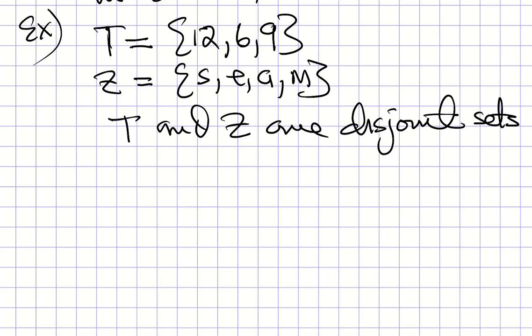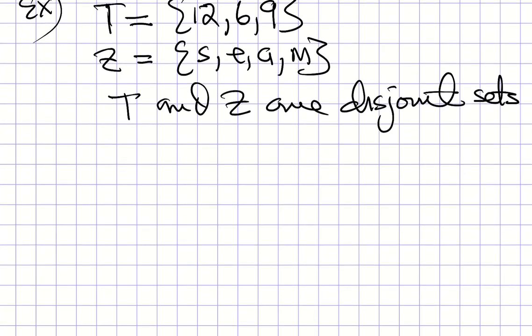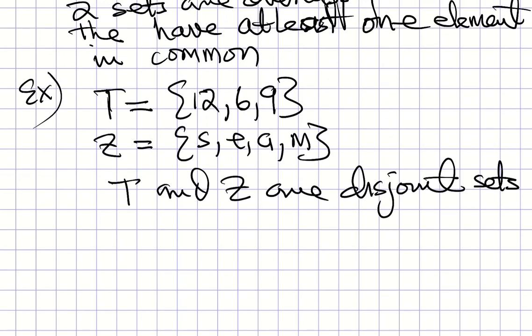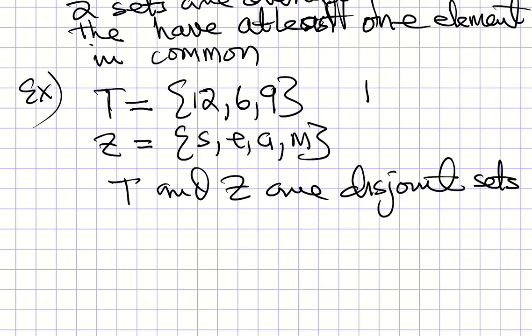And then notice K. K is A, B, C. Notice that K and Z are overlapping because they have at least A in common.